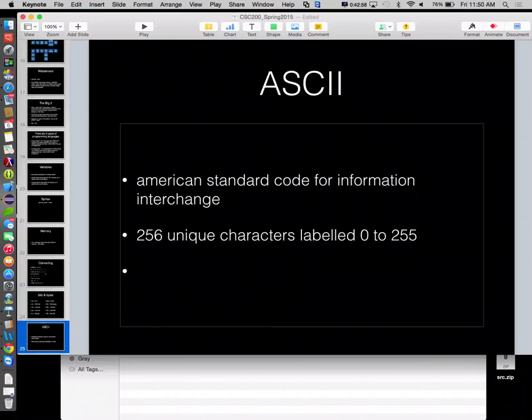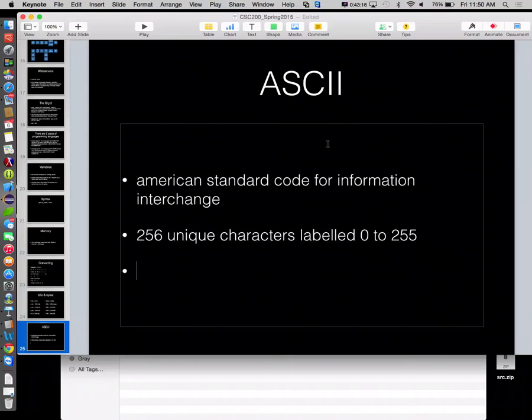Now, the way this works is the binary number 0 maps to some character. The binary number 1 maps to some character. The binary number 255 maps to some character.